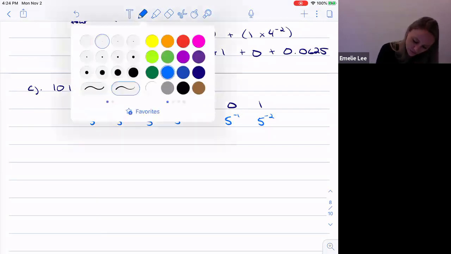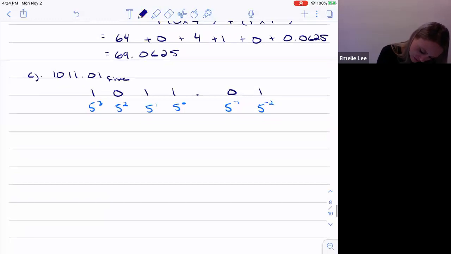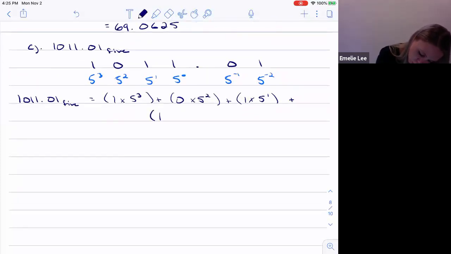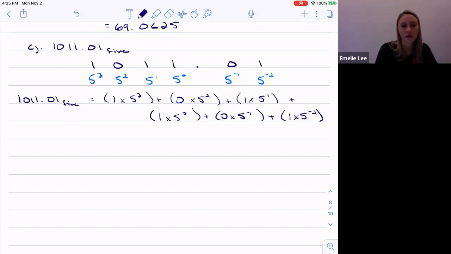So what we get is 1011.01 base 5 becomes 1 times 5 to the 3 plus 0 times 5 to the 2 plus 1 times 5 to the 1 plus 1 times 5 to the 0 plus 0 times 5 to the negative 1 plus 1 times 5 to the negative 2. Okay.